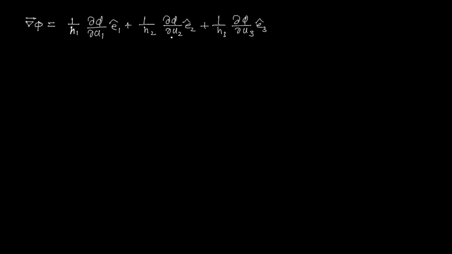Okay, good. So this is the general definition of grad phi. So that means if the phi is given in rectangular coordinate system, then what you have to do, you have to replace this u1 u2 u3 by xyz and h1 h2 h3.